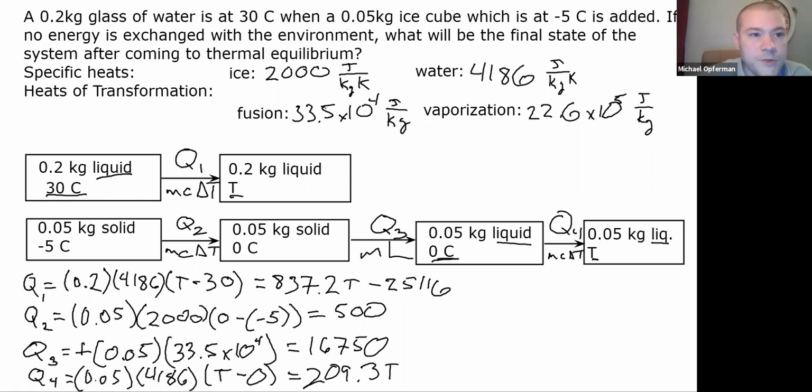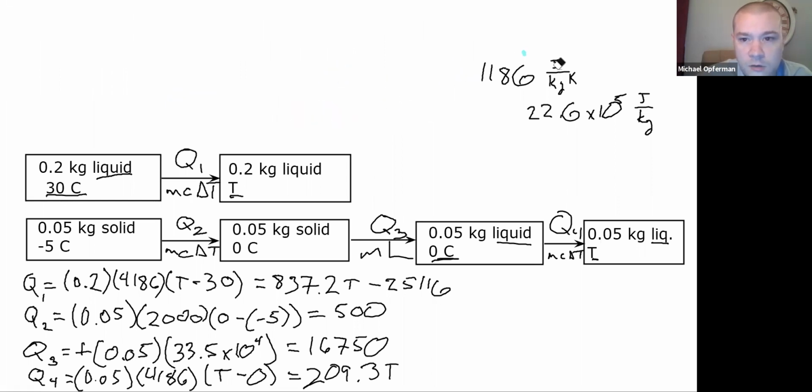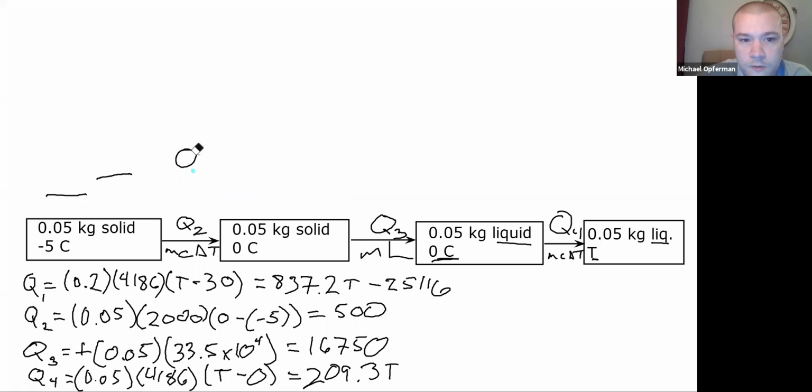So the next thing I would do is add them up. I'm going to need to make some space. Let's go ahead and delete the question. You know what the question is by now. Okay. So the next thing we do is we say that the sum of these four has to be 0.